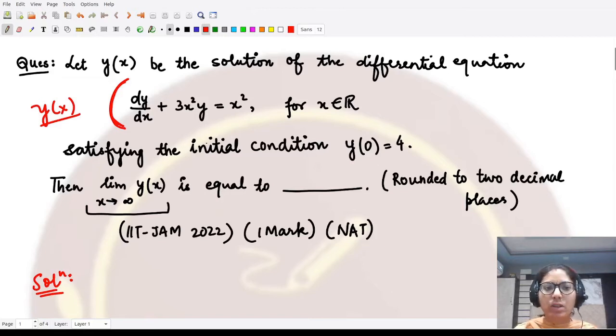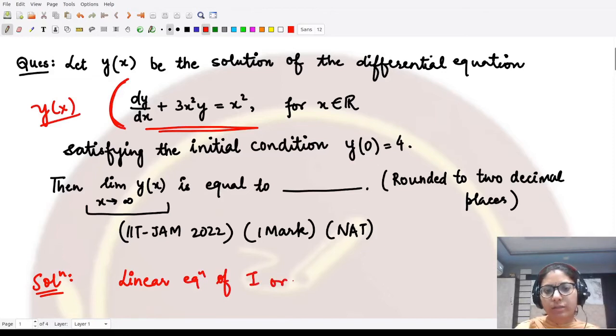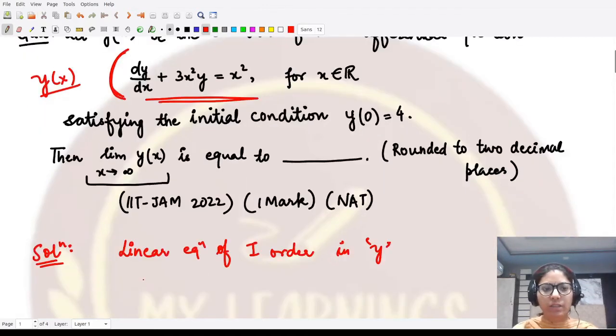Why? Because if you look at this differential equation, this is a linear differential equation of first order in y. We have dy by dx plus 3x square multiplied with y is equal to x square.